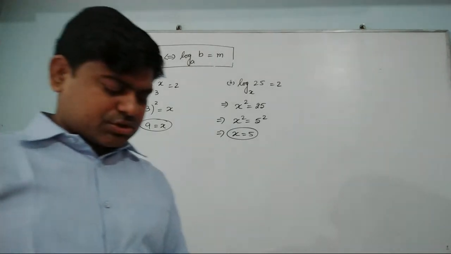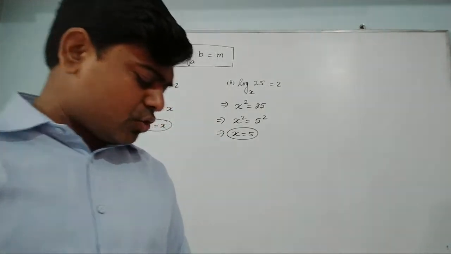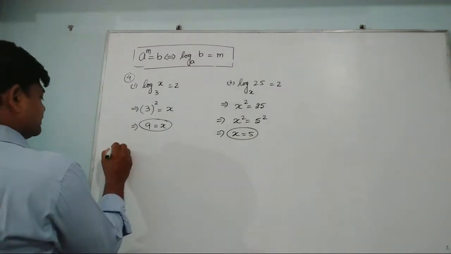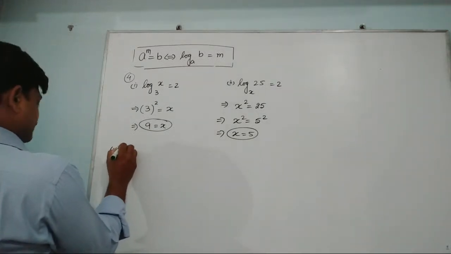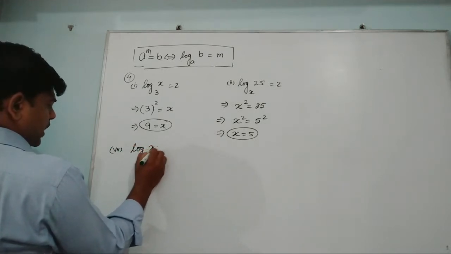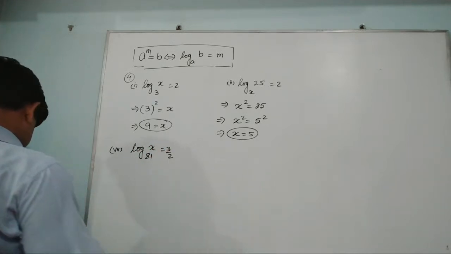Now a few more questions I would like to do here for you people, and I hope it will be helpful for you. I'm writing the 7th part in front of you, and it is log x base 81 is equal to 3 upon 2.